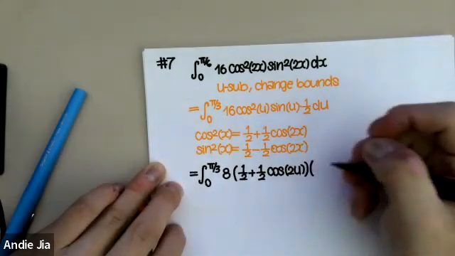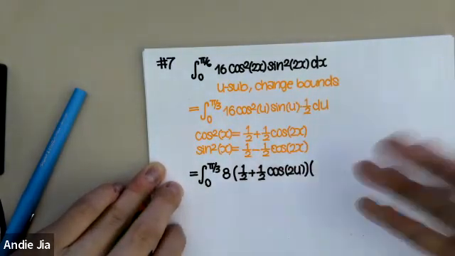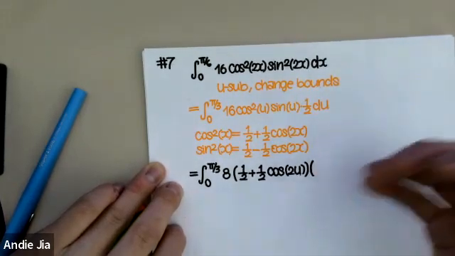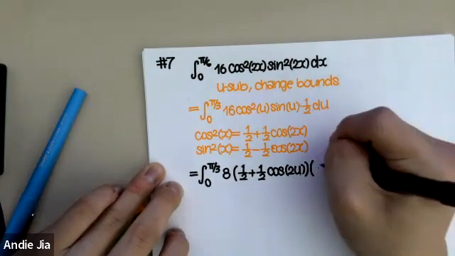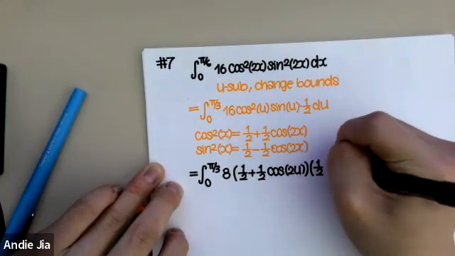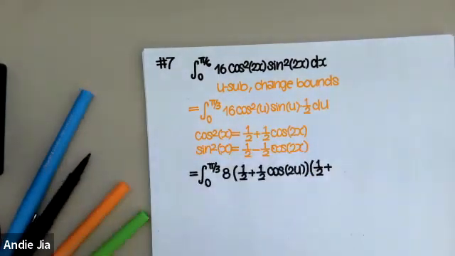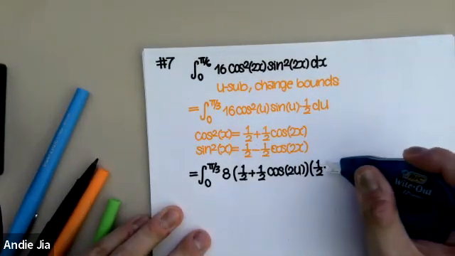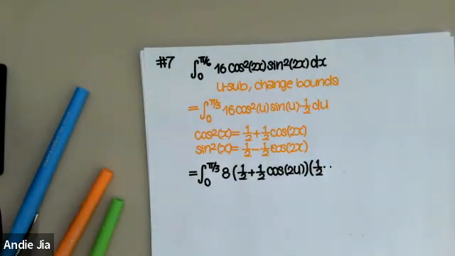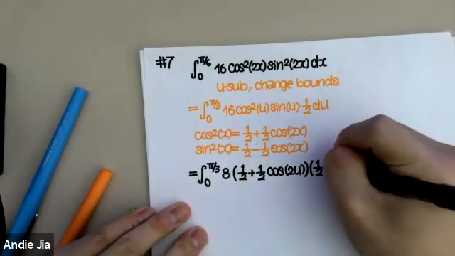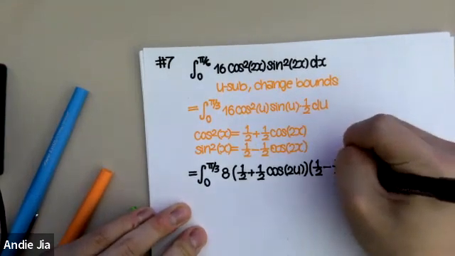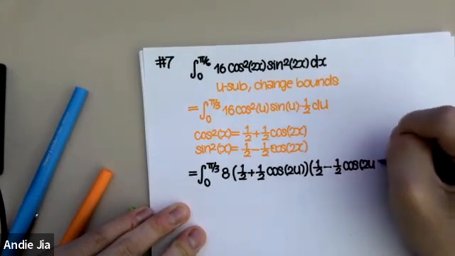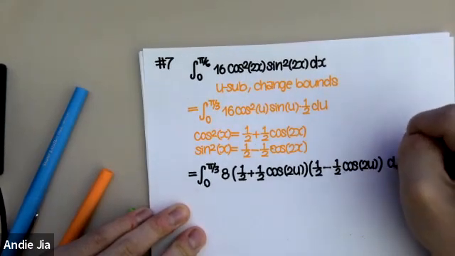Then minus, and then we multiply, and then we expand. Then we need to rewrite it again. Minus 1/2 of cosine of 2u du.